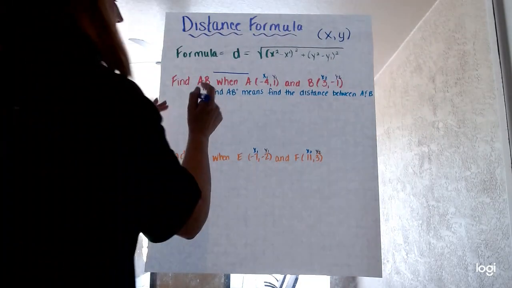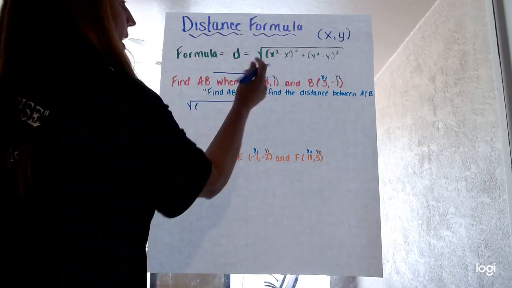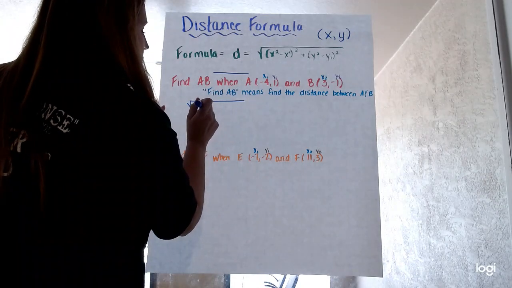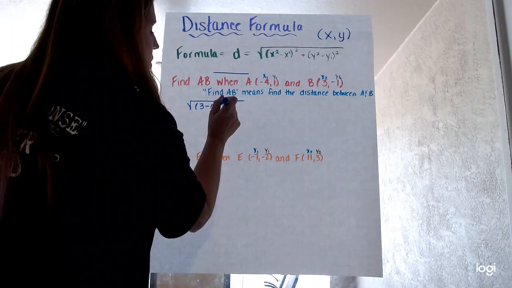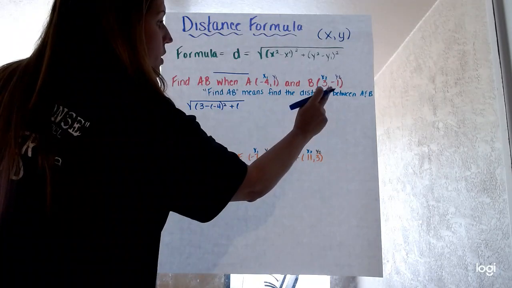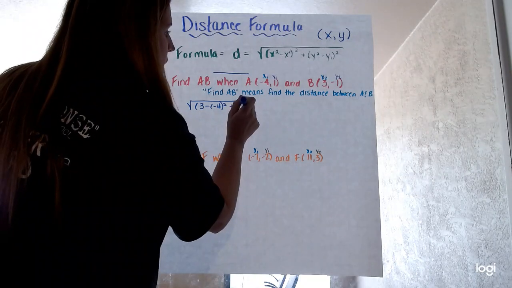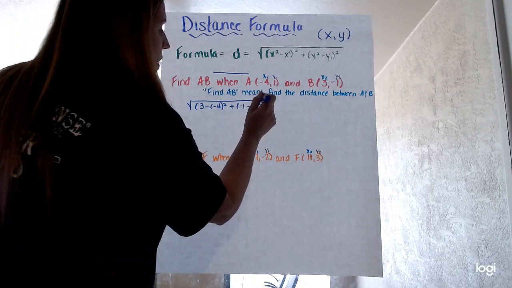All right, so I'm going to go square root. All right, x2 is 3 minus -4 squared plus y2, so -1 minus 1 squared.